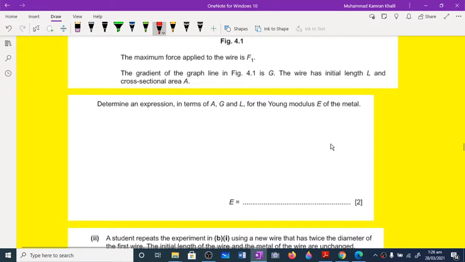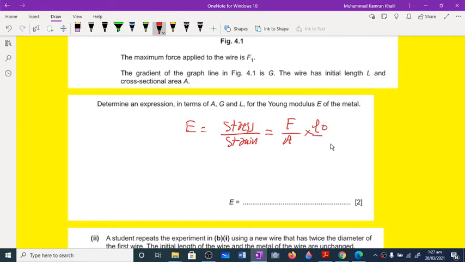That is a very easy question. Young's modulus is stress over strain. Stress is the force acting per unit area, and strain is the change in length over the original length.